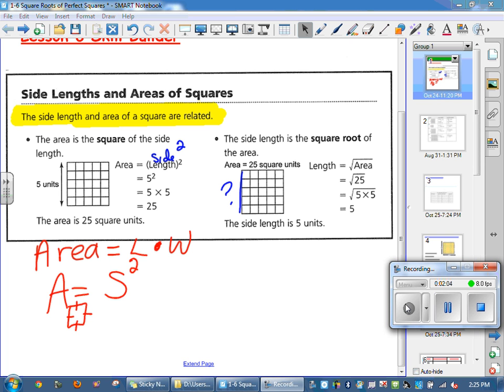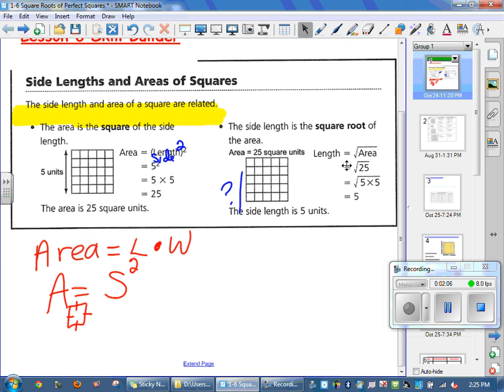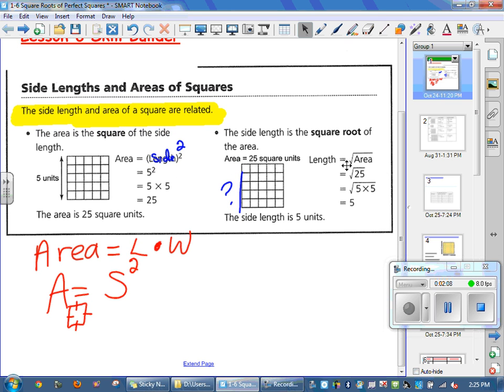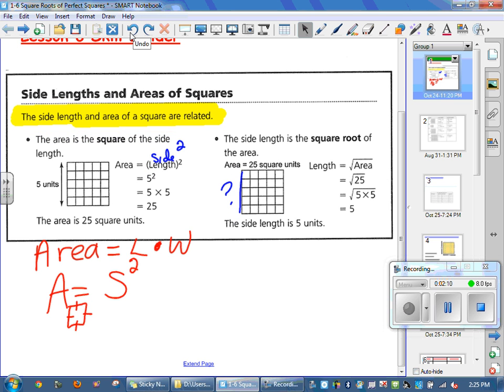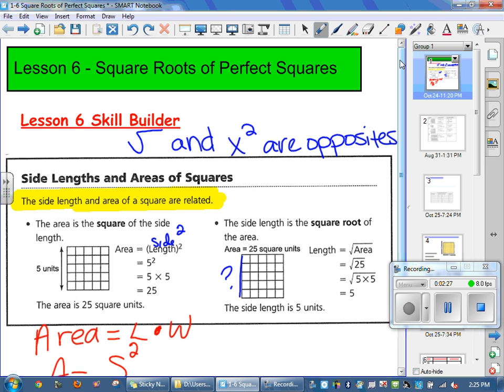What's this thing over here called? Right, that's called a square root sign. So we're going to use the square root sign. Whenever I want to do the opposite of squared, I square root. So square root and squared are opposites.